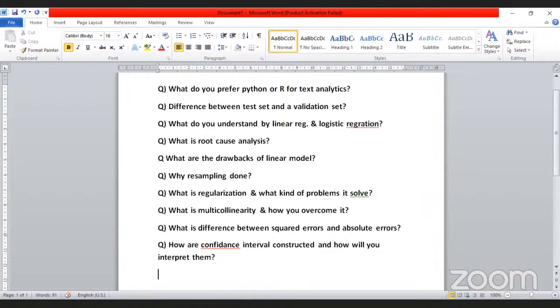If we take a 95% confidence interval, that means we are calculating our upper and lower limit. Lower limit is like 5%, upper limit is like 95%. In between that range, our future population mean will lie.